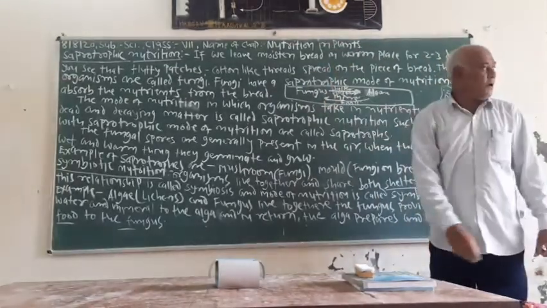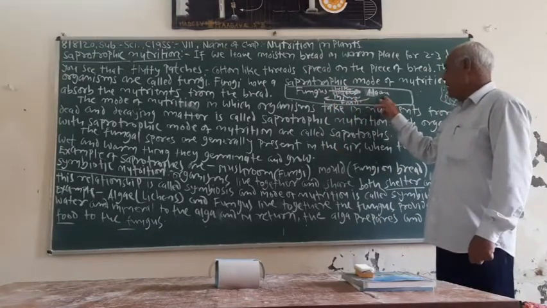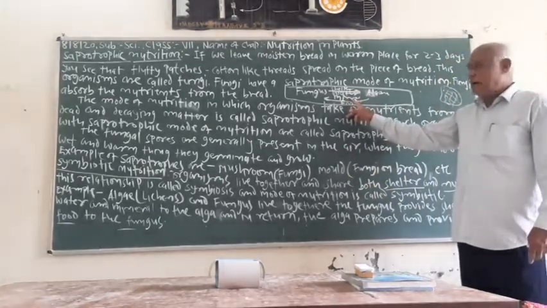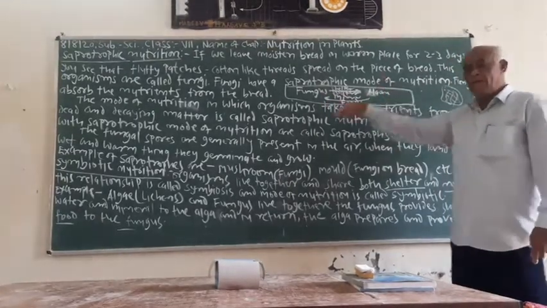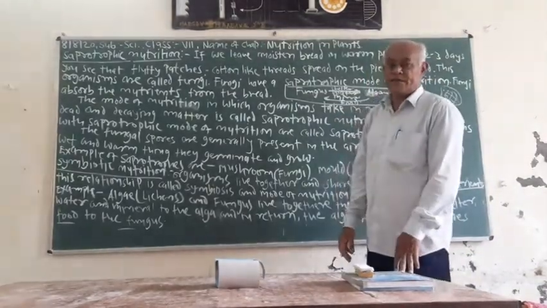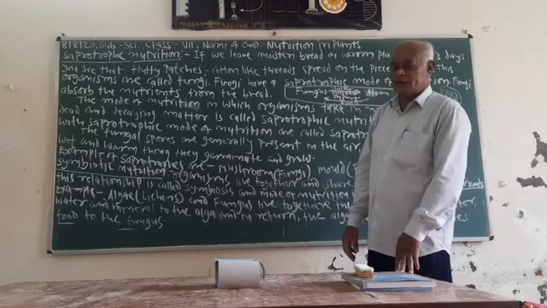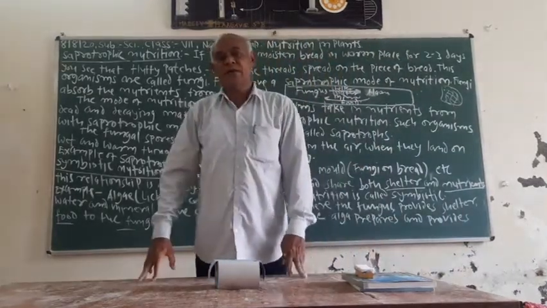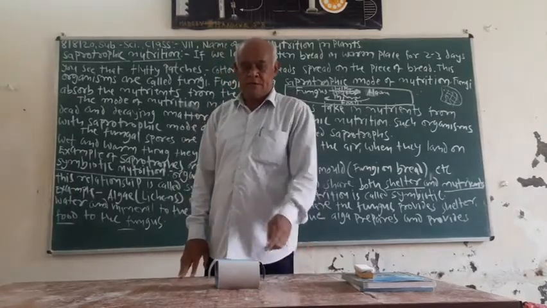Therefore, the requirement of food for the fungus is fulfilled by the algae, and the requirement of shelter, water and minerals is fulfilled by the fungus for the algae. This type of relationship is called a symbiotic relationship, and this type of nutrition is called symbiotic nutrition. An example of symbiotic nutrition is alga and fungus. Thank you.